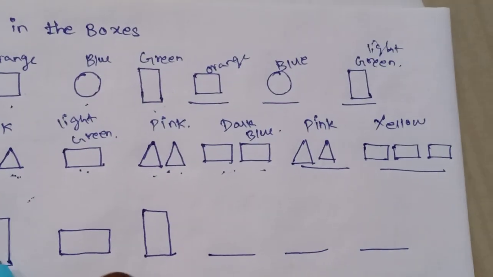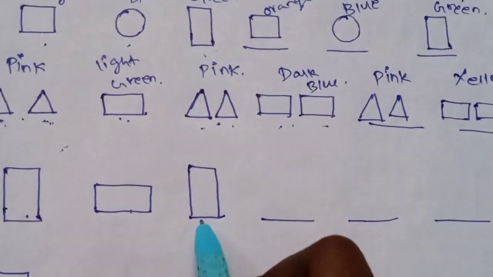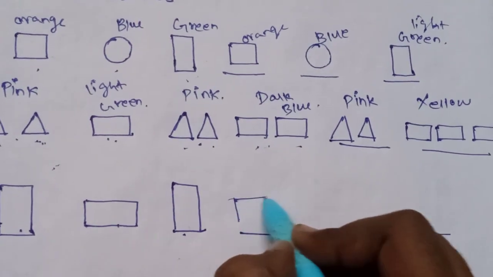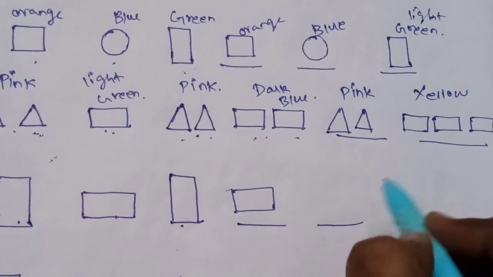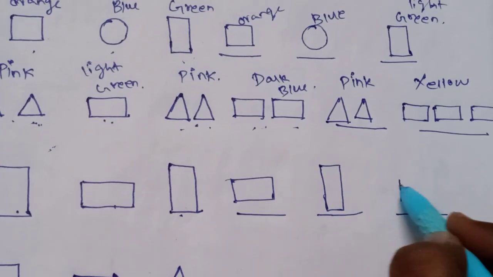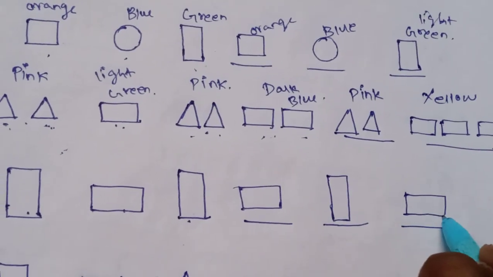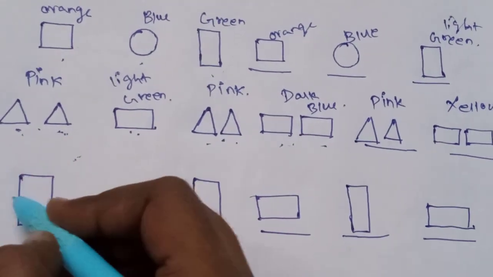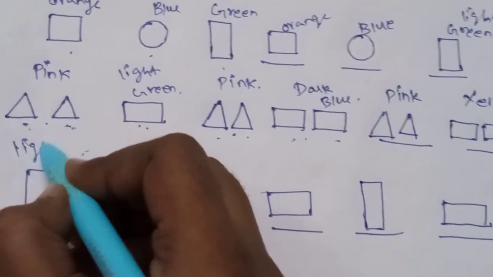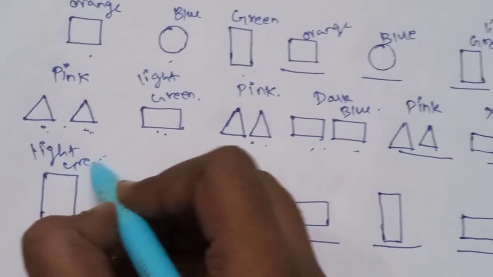Here the rectangle is in standing position, then sleeping position, then standing position. Then what do we have to draw here? Rectangle in sleeping position, rectangle in standing position, then rectangle in sleeping position. So what color do you have to give here? Here they have given light green in the book.